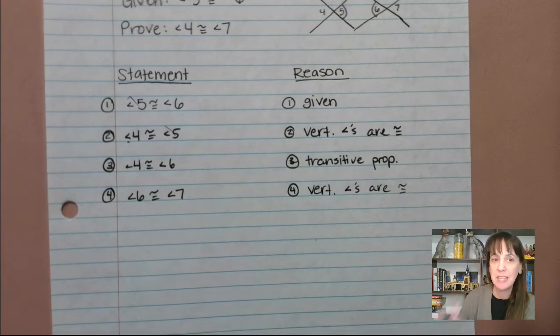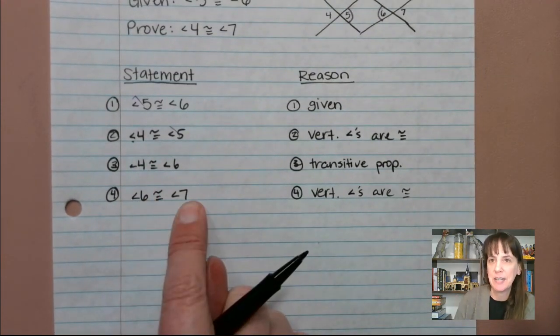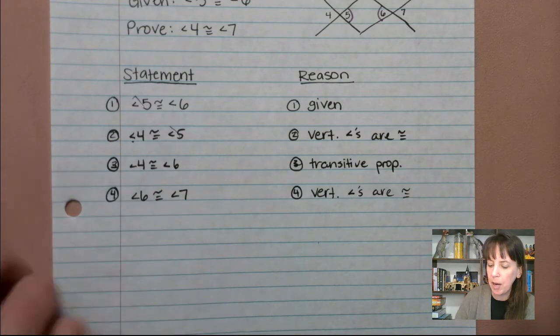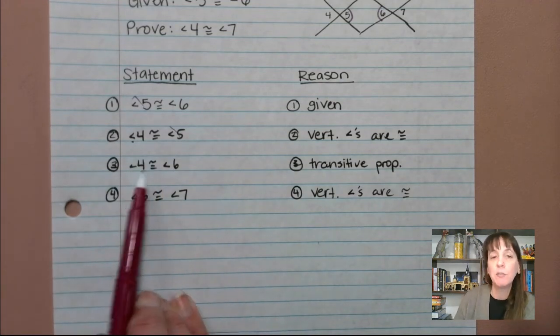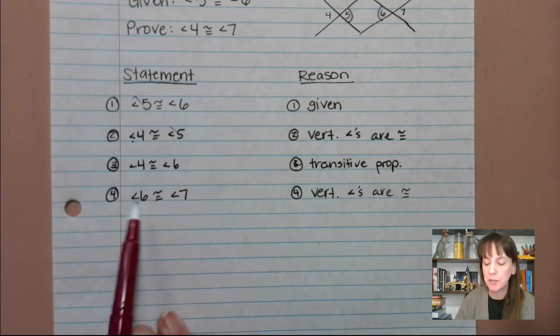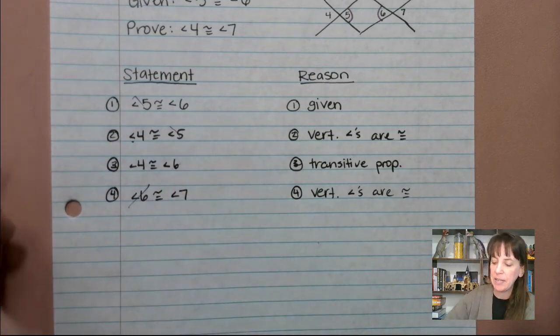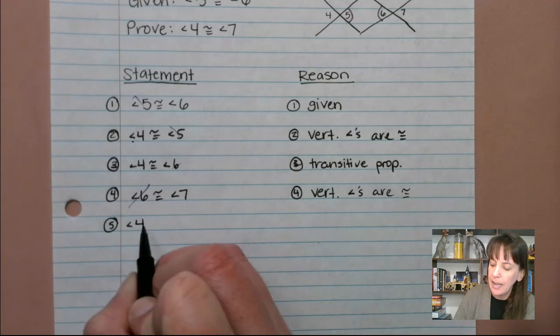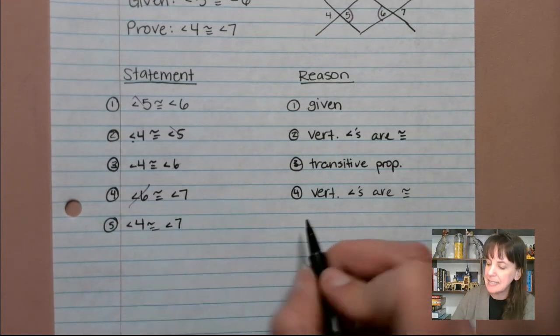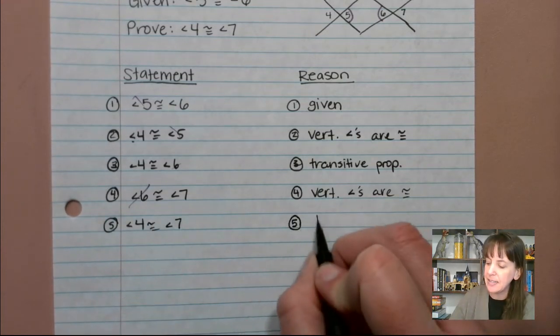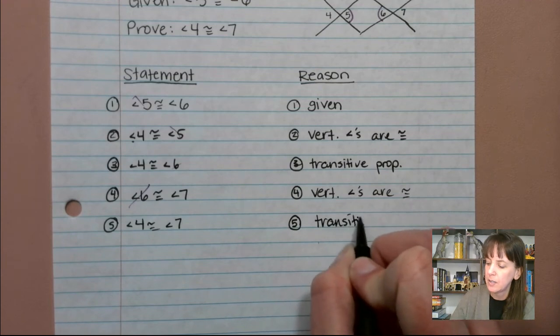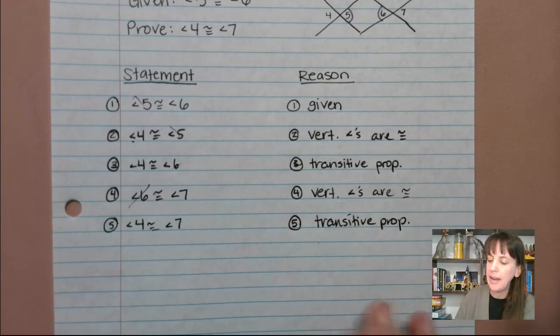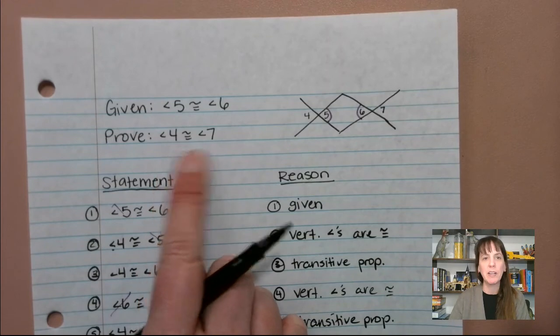Now, again, with that transitive property, since angle 4 is congruent to angle 6 and angle 7 is congruent to angle 6, we get rid of that one, and we can say, this is number 5, angle 4 is congruent to angle 7, and that is the transitive property. And now we have proven that angle 4 is congruent to angle 7.